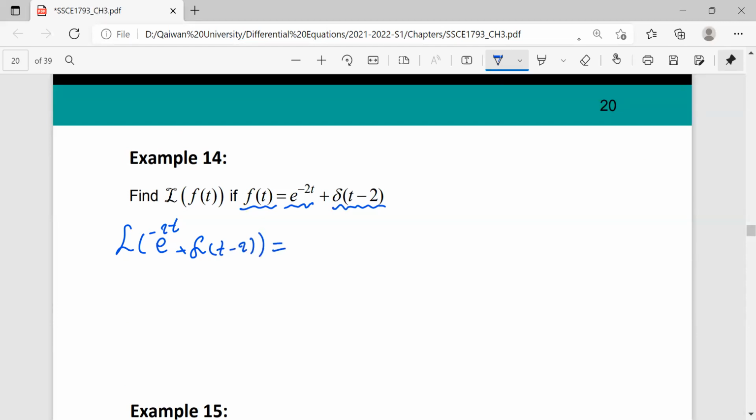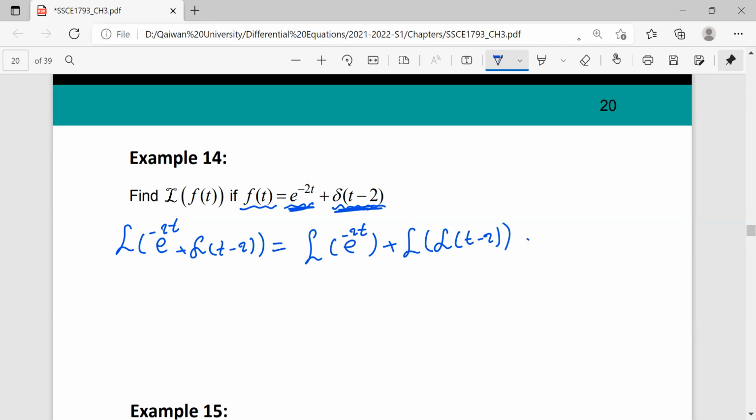It equals the Laplace transform of each one separately, because it's the sum of two functions. So it's the Laplace transform of e to the power minus 2t plus the Laplace transform of the Dirac delta function of t minus 2.